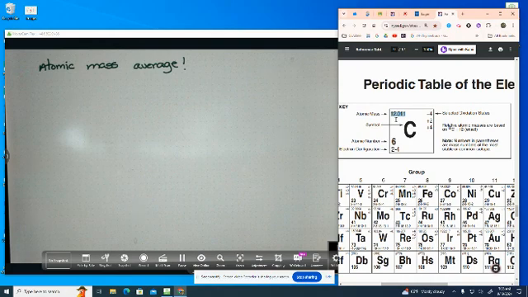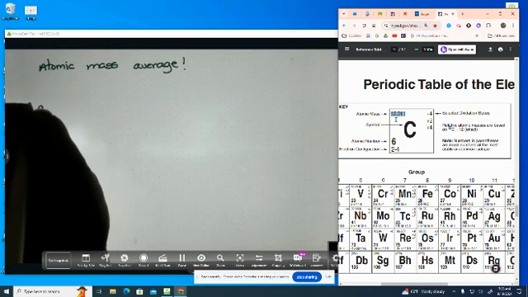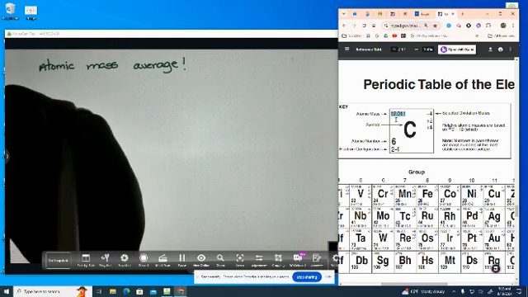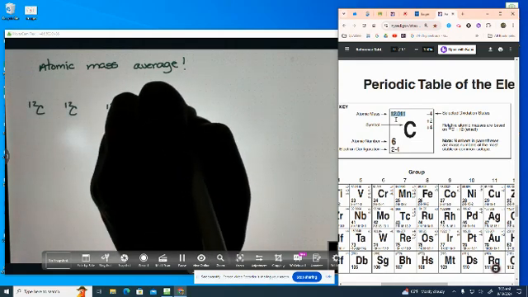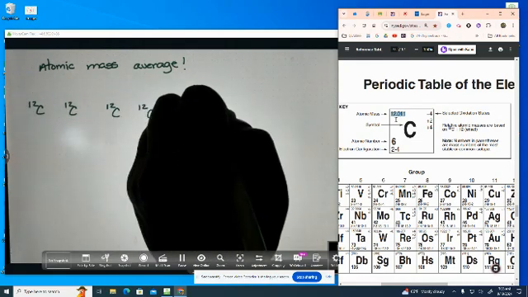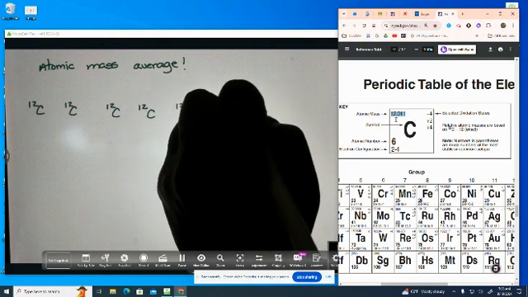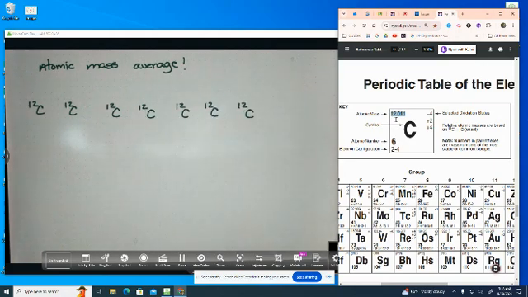Okay? So let's imagine that we could do that with some atoms. So let's say we have carbon 12, carbon 12, carbon 12, carbon 12, carbon 12. That's 5. Let's do 7. Okay.